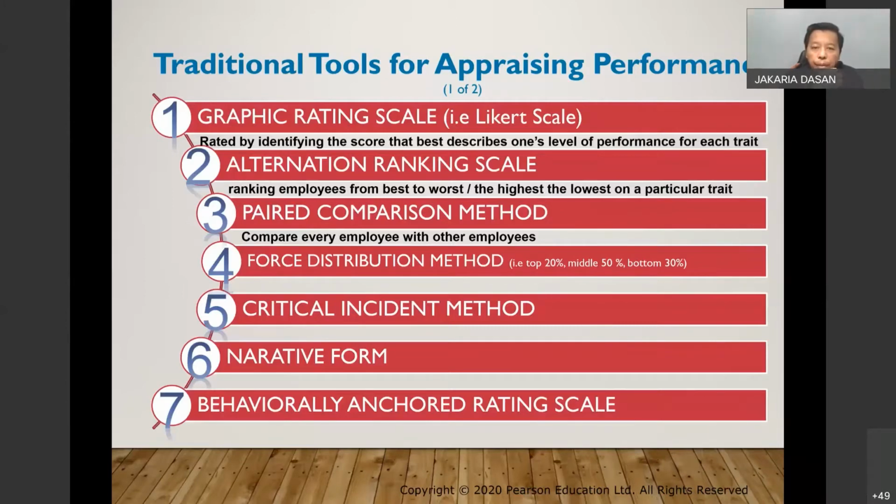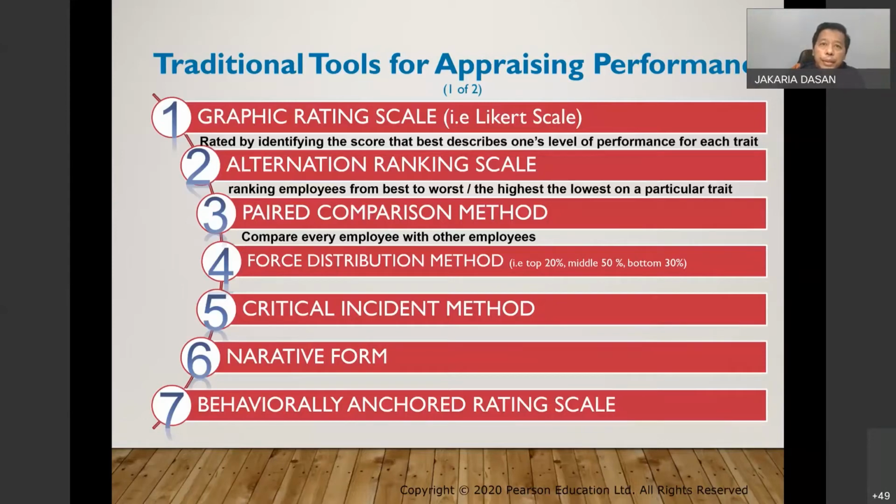Maybe overall he is in the middle of the performance of all the 5 employees, or maybe all of them are good performers, but based on that comparison method, you actually know who is the best employee, second, third, and so on. So this is how the comparison method is used.